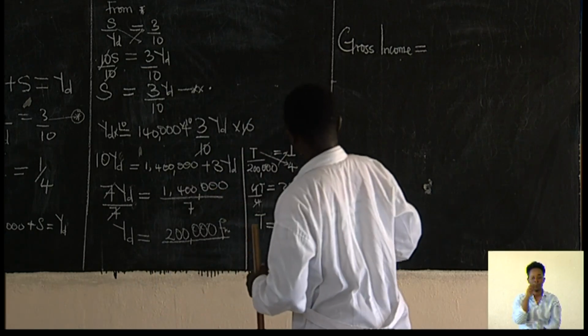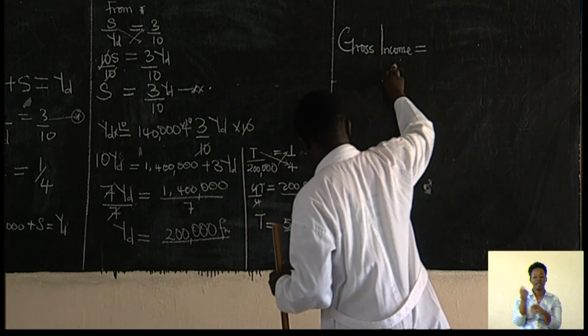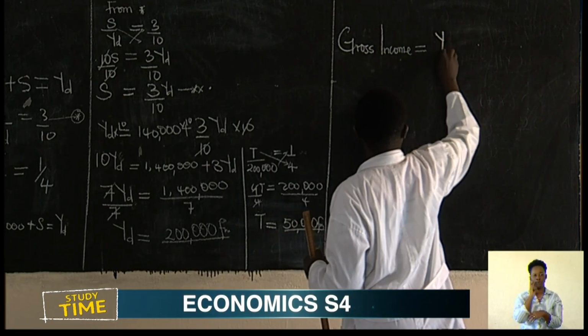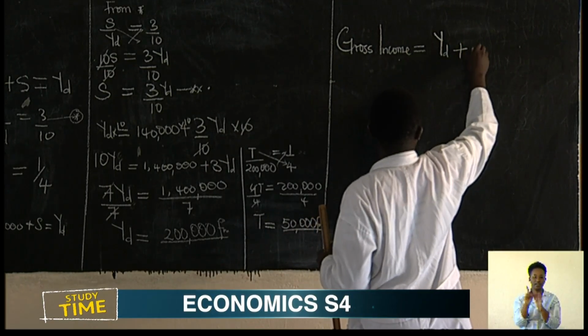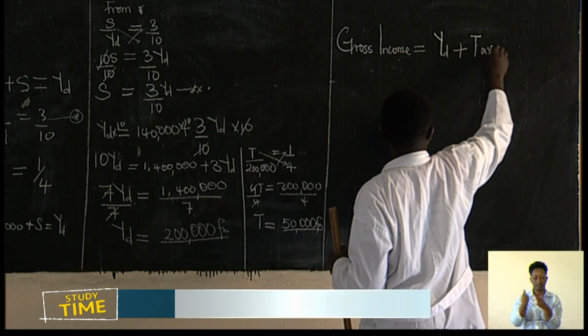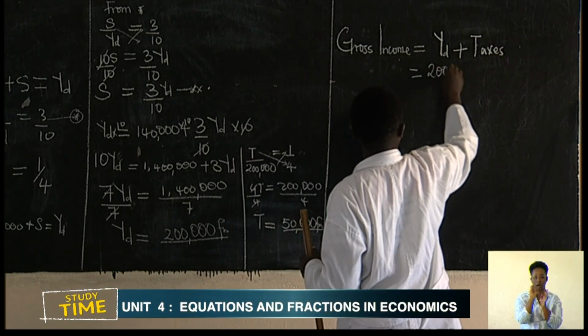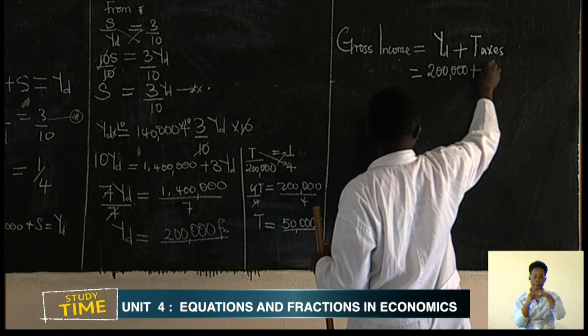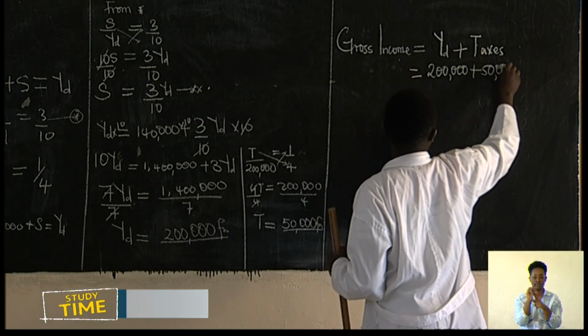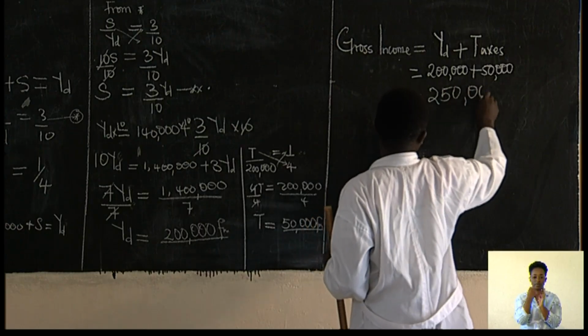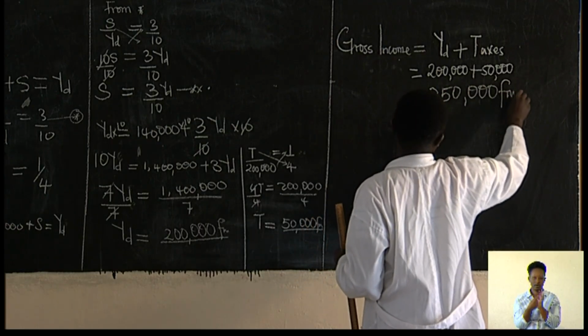So these are direct taxes that will be deducted from your gross income. So our gross income will be your disposable income plus the taxes that we have. So this will be 200,000 Rwandan francs plus 50,000, which gives you 250,000 Rwandan francs.